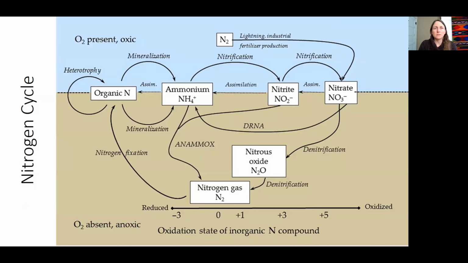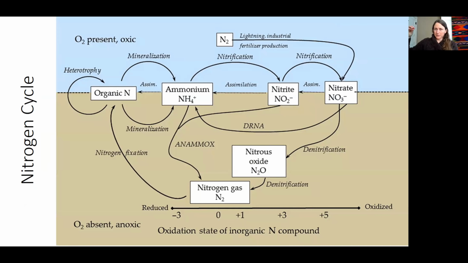Here is a picture of the nitrogen cycle, probably the most complicated cycle. We'll spend a little bit more time talking about this in other weeks. But again, you can see that mineralization going from organic nitrogen to ammonium, that's an oxidation reaction. Ammonium to nitrite is called nitrification. Nitrite to nitrate is nitrification.